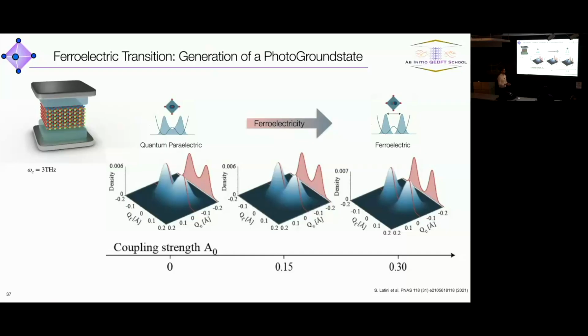And this is equivalent of saying that you can have a spontaneous symmetry breaking. So that means that the system gets localized by the cavity, and it will choose to be only in one of the two wells spontaneously. So any small perturbation will tilt it in one of the two wells. And that's the idea behind this ferroelectric phase transition aided by the cavity.